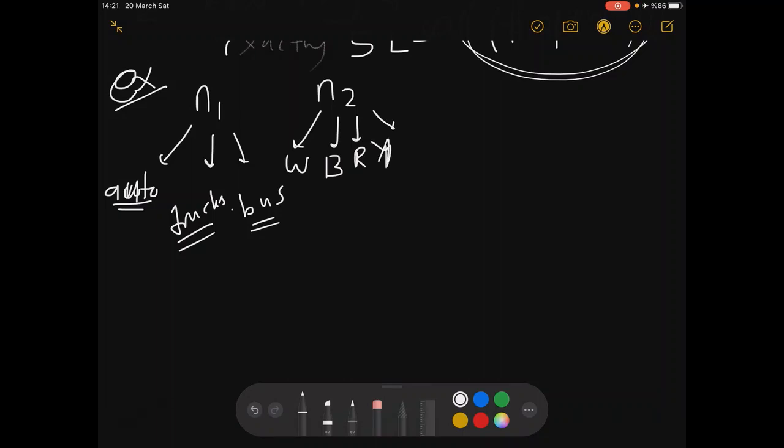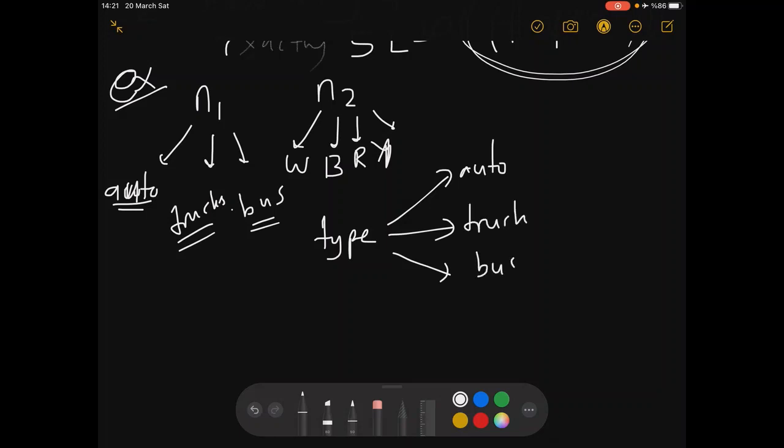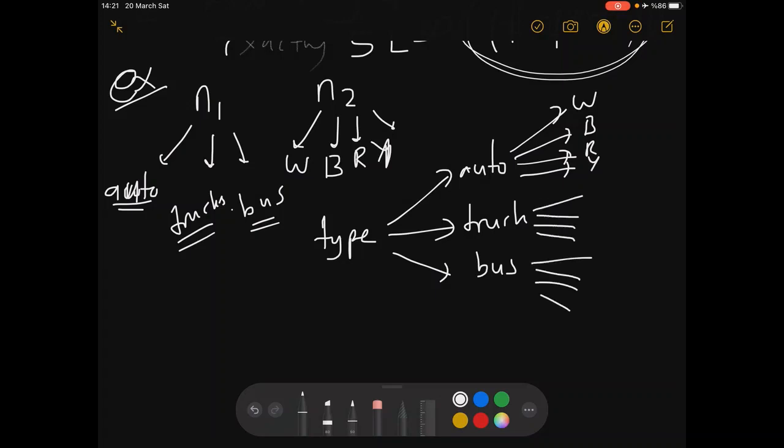Okay, so here you first decide on the type, and then it can be one of the 3 possibilities: automobile, truck, or bus, and each of them can have 4 different colors, right? White or blue or red or yellow, 4 of them for this one and 4 of them for this one, which makes it 12 combinations available here.